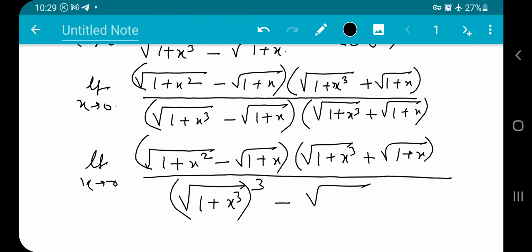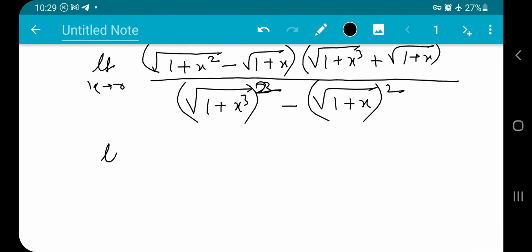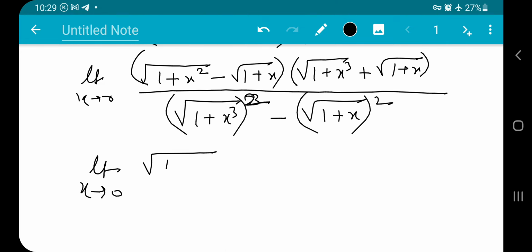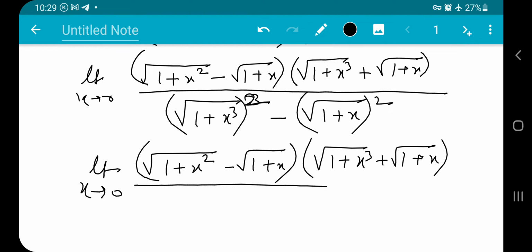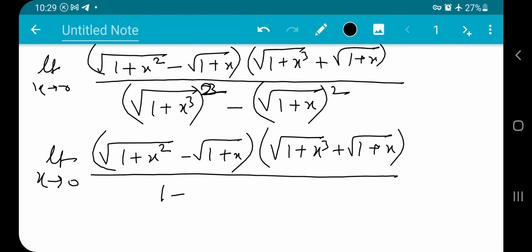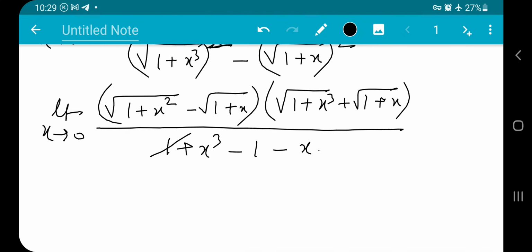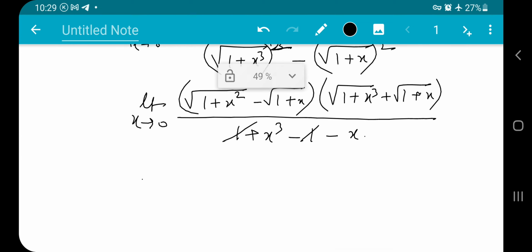Whole cube minus root over 1 plus x. Sorry, whole square. So what are you getting? Numerator has to be copied. Root over 1 plus x by 1 plus x cube minus 1 minus x. 1 gets cancelled.